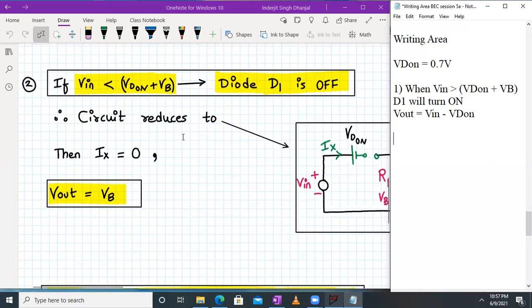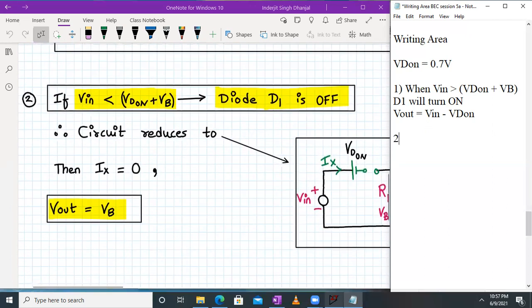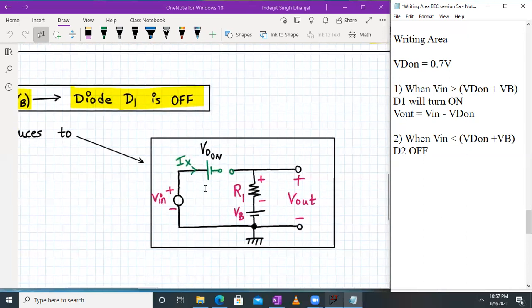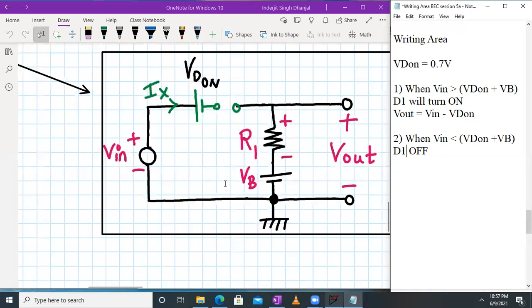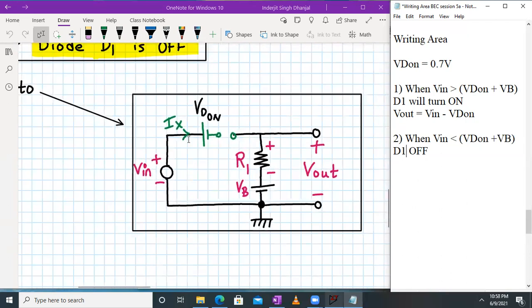Now let's check the second condition. In the second condition, what can we say, opposite of that? When Vin is less than VD on plus VB, straight away my diode D1 will be off. We have only diode D1, so your circuit will be reduced to this network.